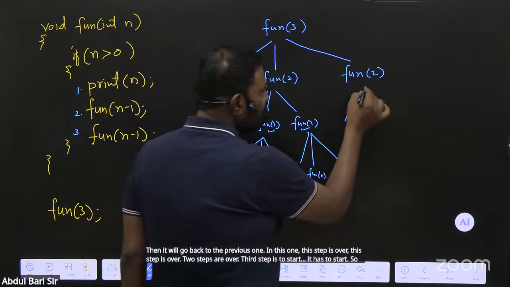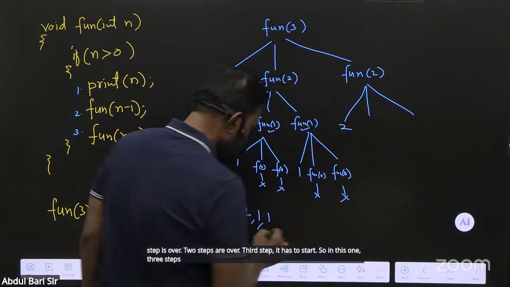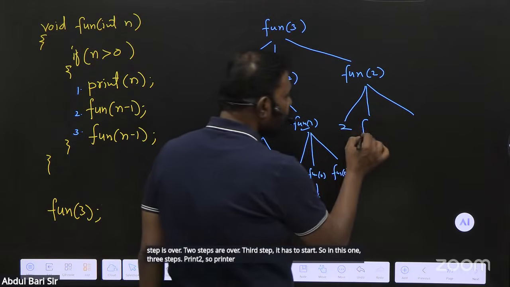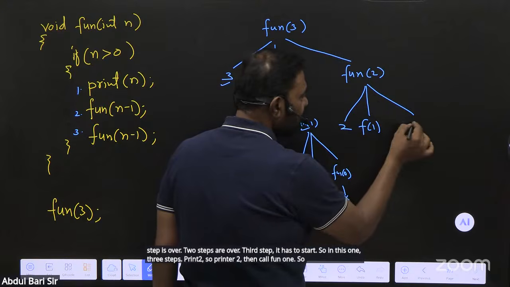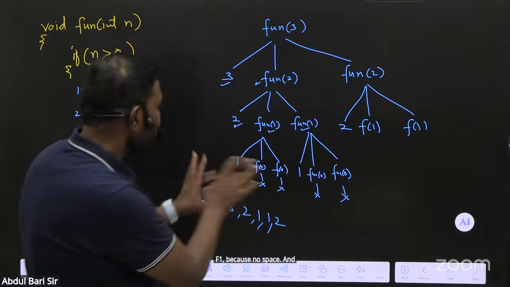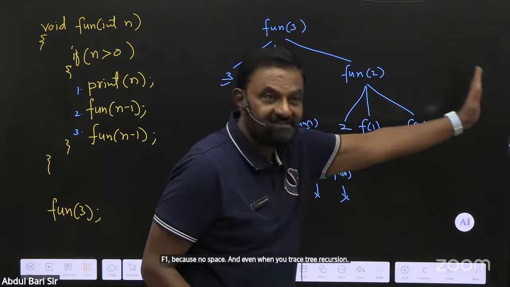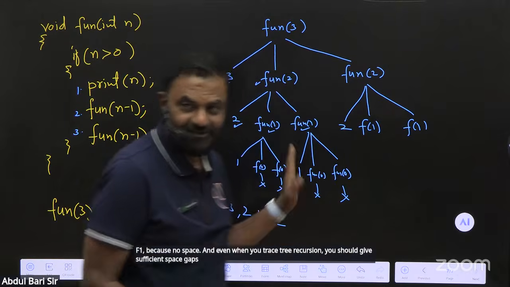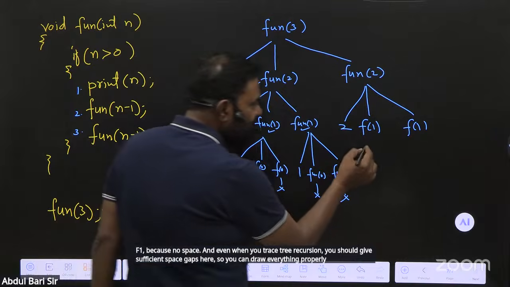So in this one, 3 steps. Print 2. Then call fun 1. I'll just write F1, F1 because there is no space. Even when you trace tree recursion, you should give sufficient space gaps so you can draw everything properly. Now in this one, first call.